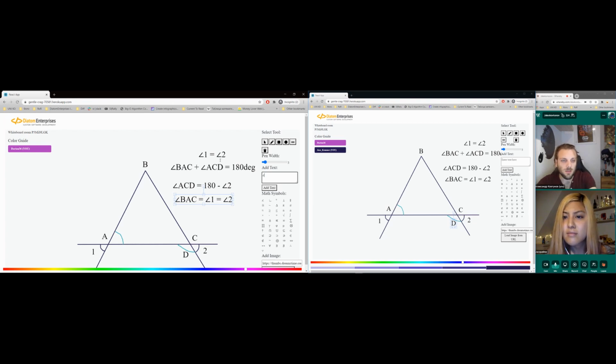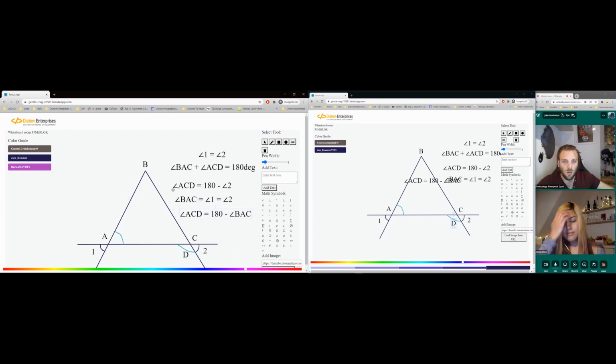And then angle ACD is equal to 180 degrees minus angle BAC. And then the angle BAC plus angle ACD is equal to 180 degrees, following from the example above. So this is my final solution.